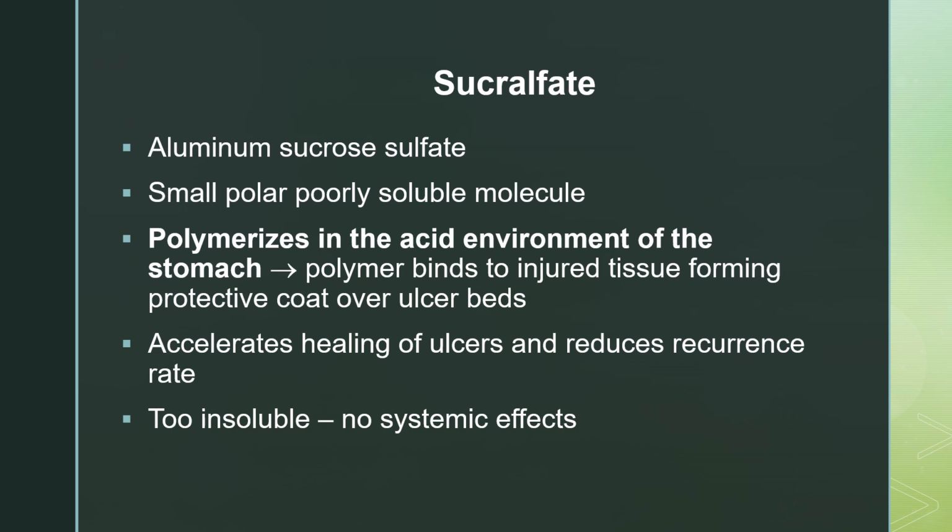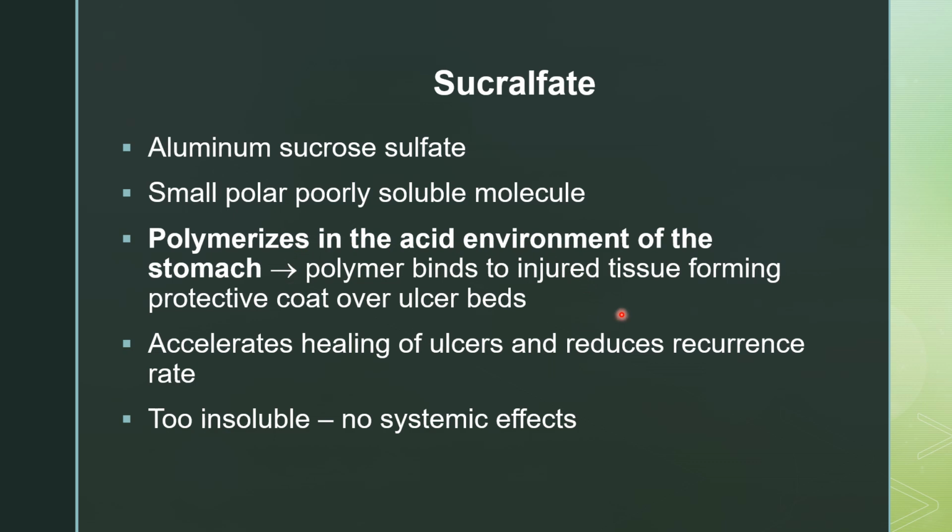Okay, so your sucralfate is made up of aluminum sucrose sulfate, and this is a small polar poorly soluble molecule. So what does it do? It polymerizes in the acid environment of the stomach, and when the polymer binds to the injured tissue, it forms a protective coat over the ulcer bed, so it protects.